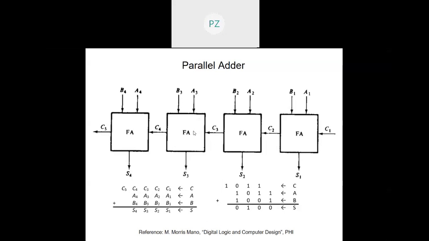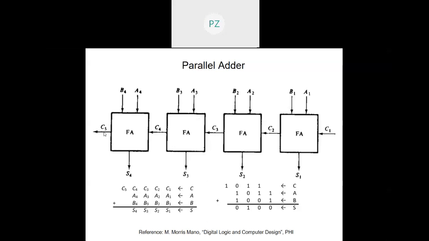This C3 will be the input carry to the next stage, which will get added up with A3 and B3. The sum will be S3 and the carry generated will be C4, which will be the input to the next stage. And this C4 will be added up with A4 and B4 to give me S4, the final sum bit, and this will be the final carry, or the output carry.